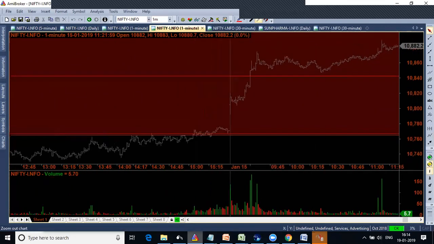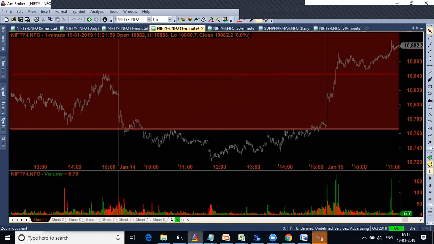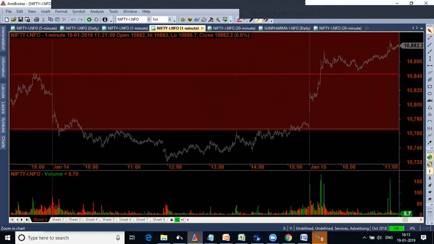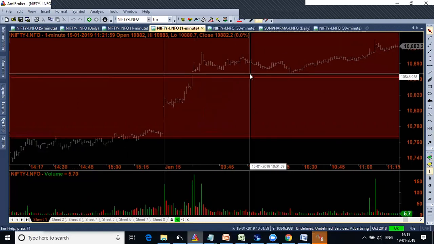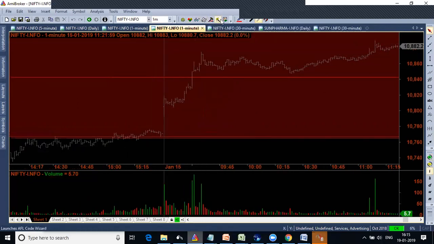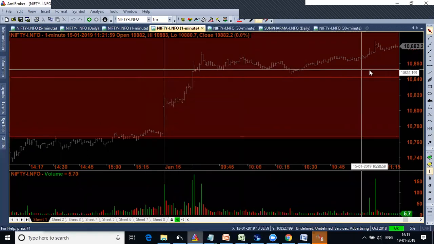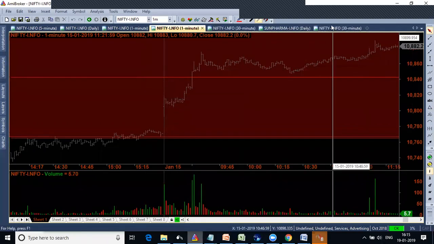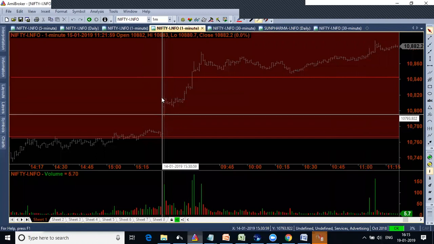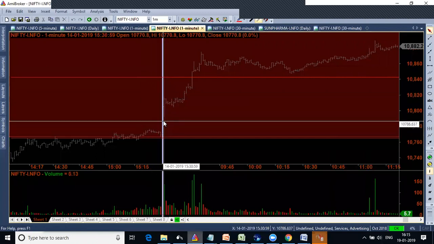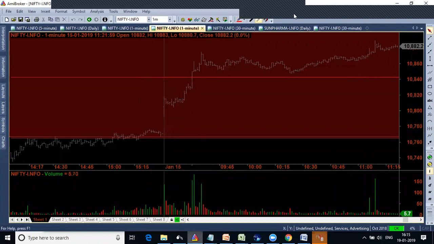So what happened on 15th January? It was a drive. On the 1-minute chart itself, you watch it. It took a drive there. At that point, you never know whether it's a drive or not, but it took a drive.